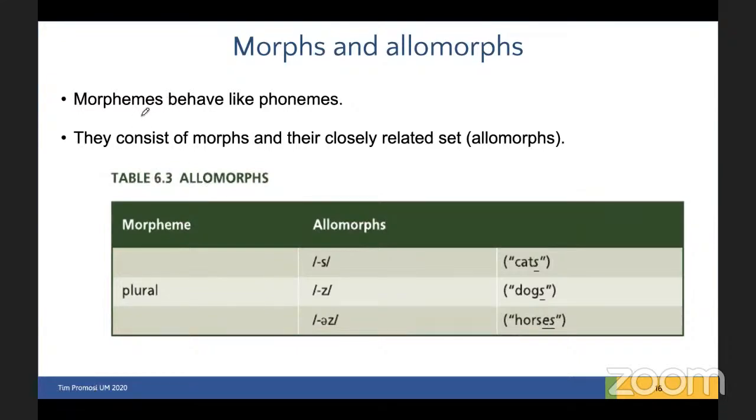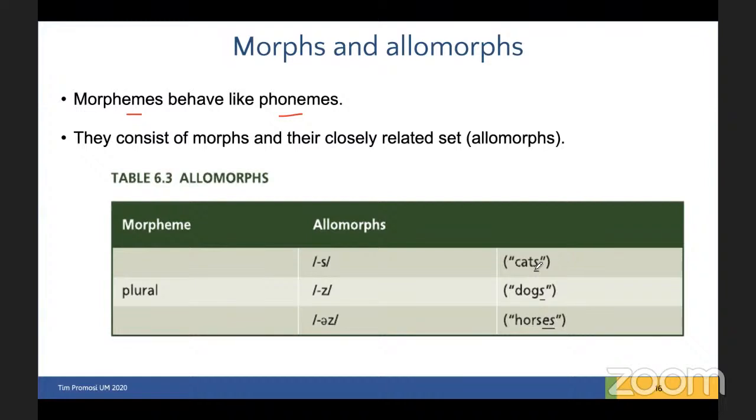Okay, so morphemes also behave like phonemes. Dalam artian mereka punya variasi gitu ketika diucapkan. Jadi plural itu kan s ya. Tapi ketika diucapkan kadang-kadang muncul sebagai s, sebagai z, atau iz. Tergantung dari morfem yang lain yang di-attach ya.